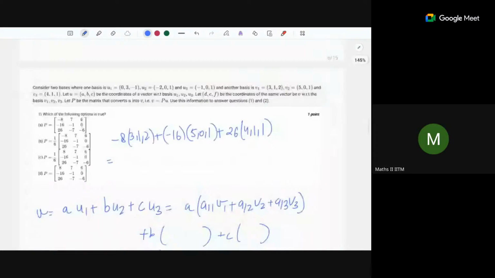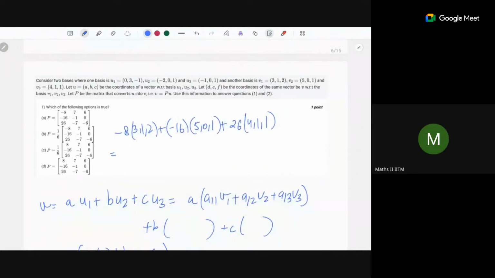Suppose you have two bases, where the first basis is u1, u2, u3 and another basis is v1, v2, v3. A vector has coordinates a, b, c with respect to basis u1, u2, u3, and d, e, f are the coordinates of the same vector with respect to the other basis v1, v2, v3.